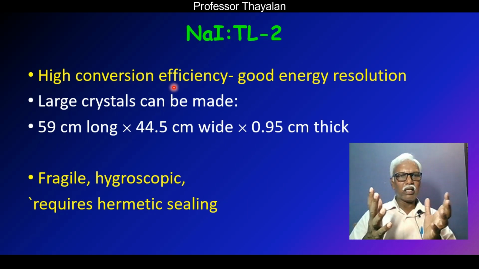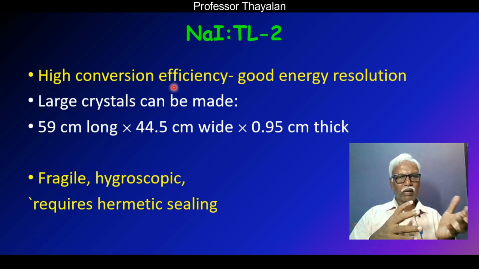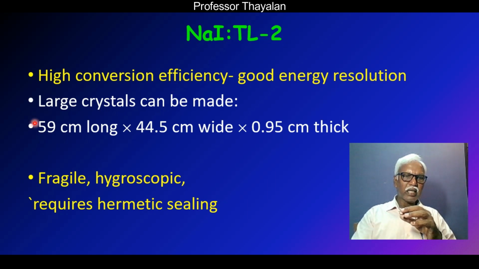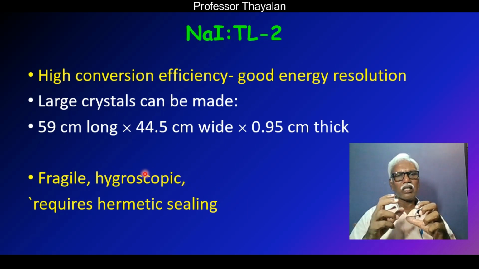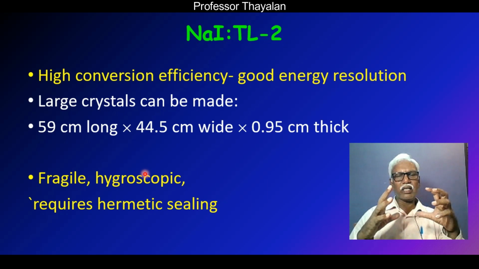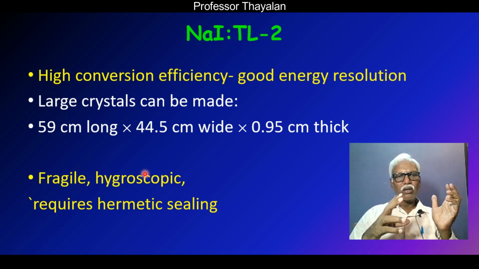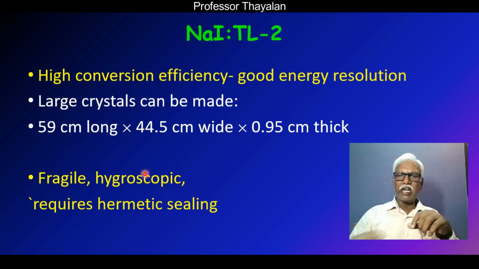It can be made as large crystals, even 59 centimeters long, 44.5 centimeters wide and 0.95 centimeter thick. It is fragile and hygroscopic, requiring hermetic sealing. Hygroscopic means it absorbs water from moisture. That is why the crystal, or the instrument having this sodium iodide, should be kept at a good temperature with humidity maintenance.